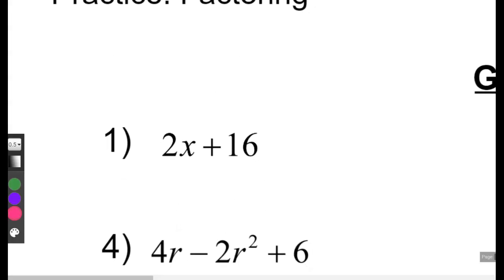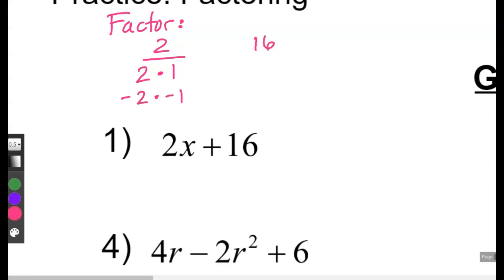So on number 1, it says 2x plus 16. What are the factors of 2? 2 times 1, and also negative 2 times negative 1. I just want us to get in the habit of seeing those negative factors.